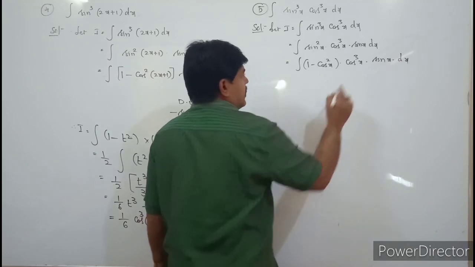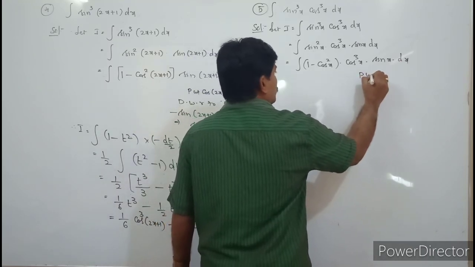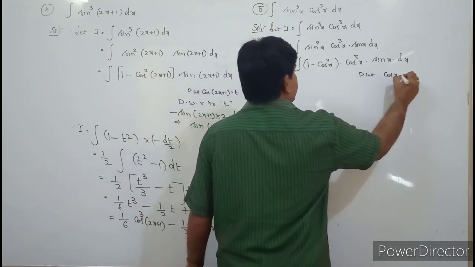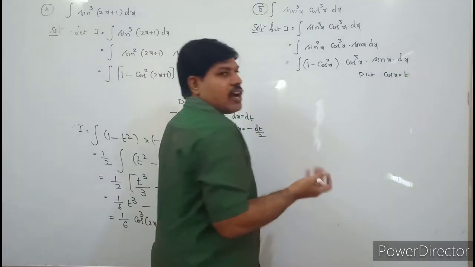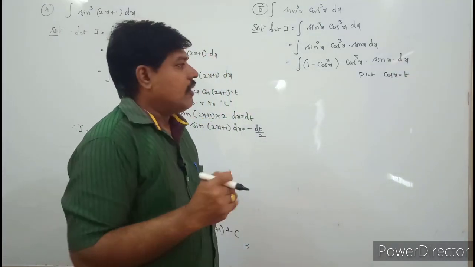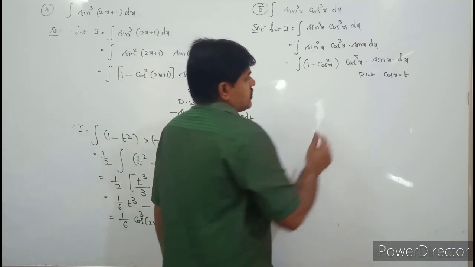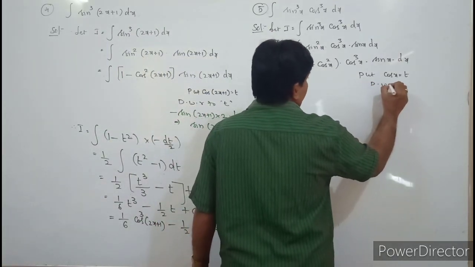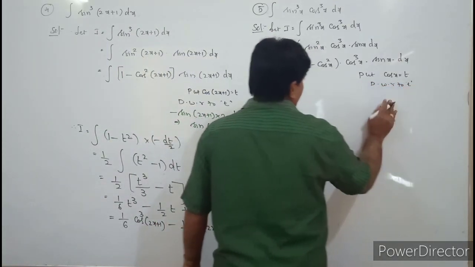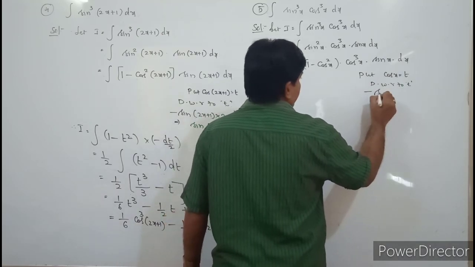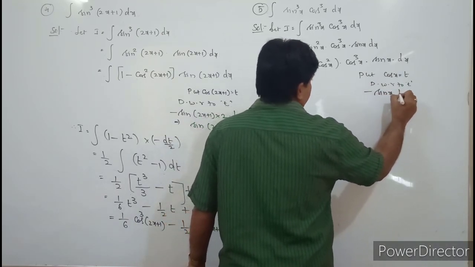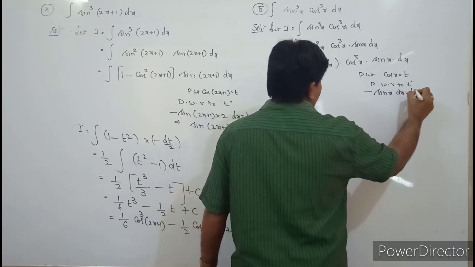So after taking this value, what I will take is, put cos x is equal to t. I am changing the independent variable x to t by taking cos x is equal to t. Differentiating, cos x derivative is minus sin x into dx is equal to dt.